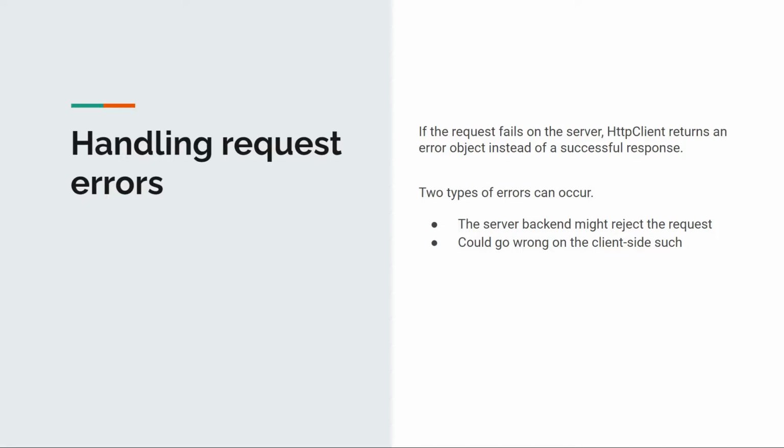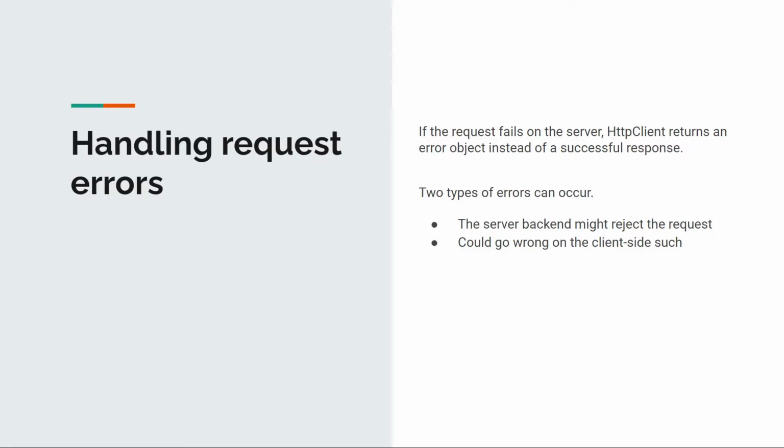For example, if the backend rejects the request, it could be with a status code such as 404, or if it is a server error, the status code will be 500 or something. These are error responses when the server backend rejects our request.